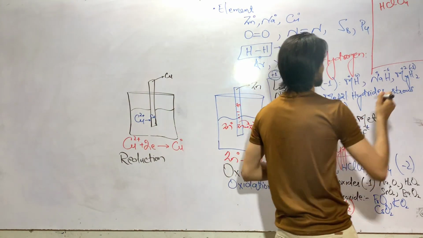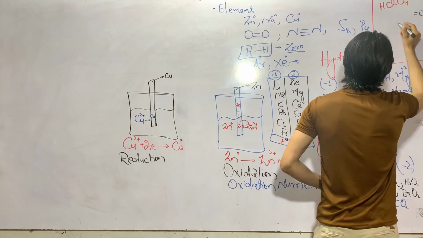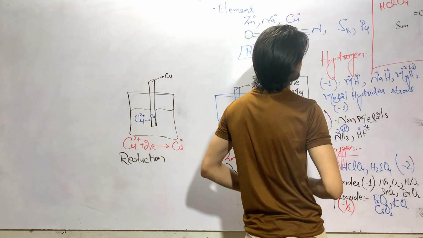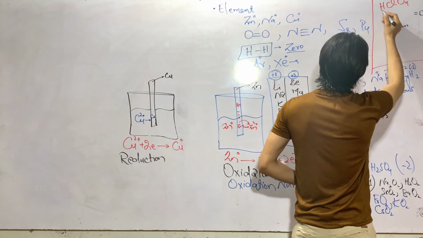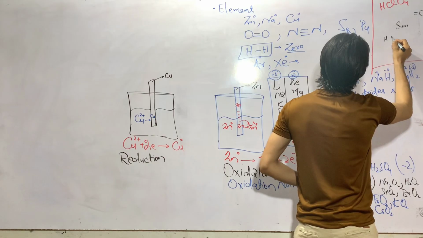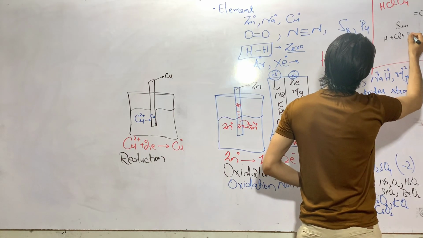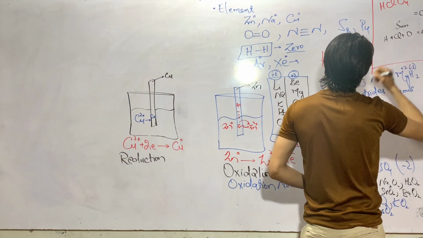So we must remember its whole oxidation state is zero. So the sum of all the oxidation states of this compound will be equal to zero. If I add the oxidation state of hydrogen plus the oxidation number of chlorine plus the oxidation number of oxygen, I will find it to be equal to zero.